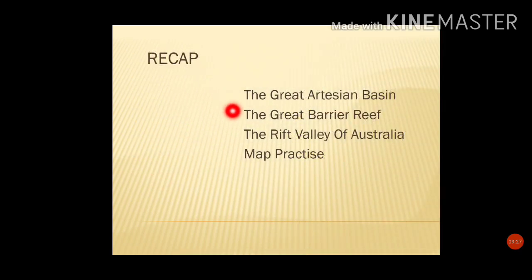Children, we have understood the Great Artesian Basin, the Great Barrier Reef, the Rift Valley of Australia, and the political division in which the six states and the two territories along with their capitals, the four main divisions of Australia, surrounding water bodies, and some important features which lie in the four main divisions.